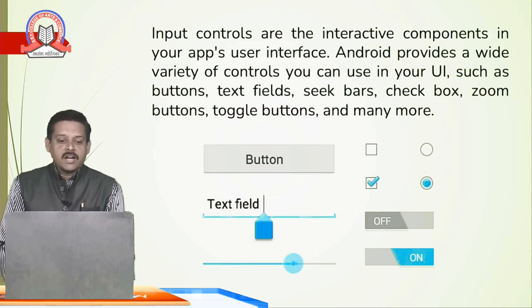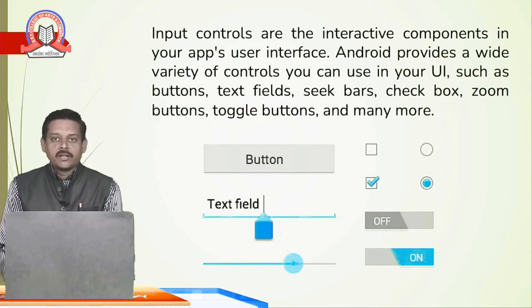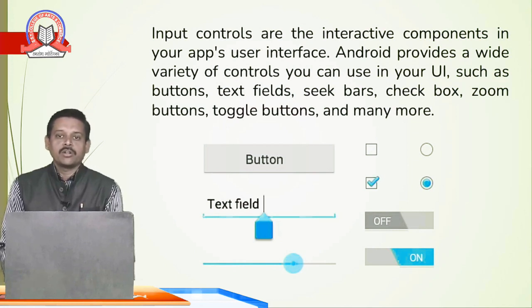Okay, let's start with the very first, that is, what is meant by UI, that is user interface. These are the input methods through which a user can interact with the application or any other software, or we can say with the computer. These are nothing but interactive components for our app, and Android provides a wide variety of controls.